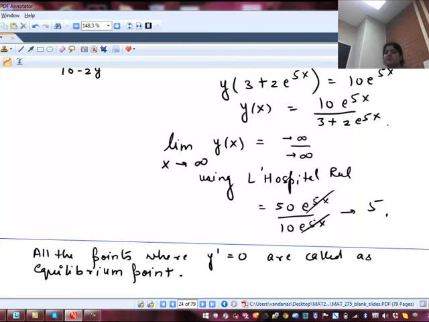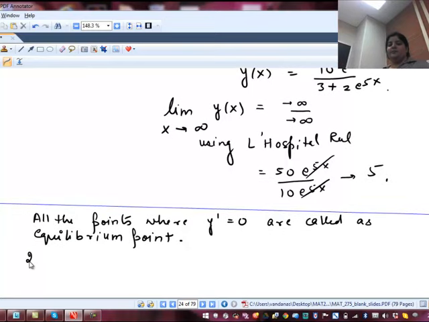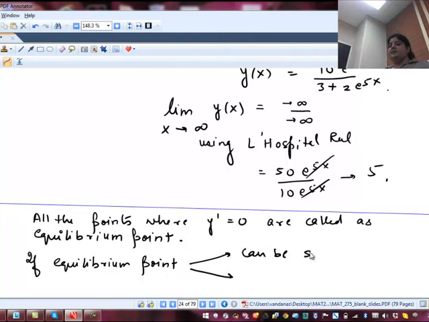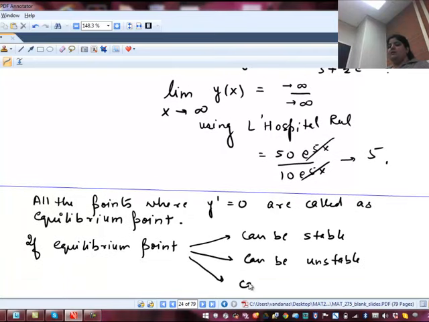So there are 3 categories of this point. An equilibrium point can be stable, can be unstable, and it can be a saddle point. 3 possibilities of an equilibrium point.